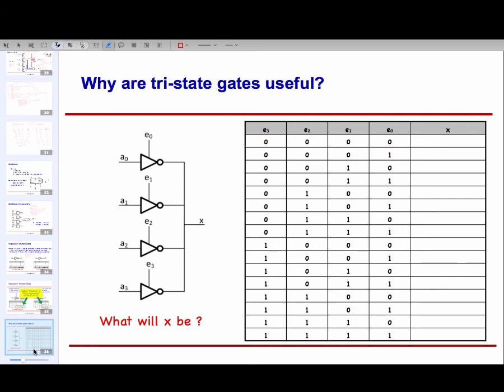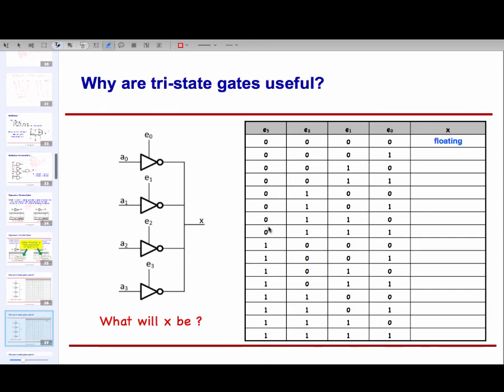So in terms of truth table, what it ends up looking like is on the right hand side, I have 4 enable signals. So there are 16 possibilities. Some of them are invalid and some of them are valid. So let's go with this. If all the enables are zeros, then no gate is driving X, so X is floating.